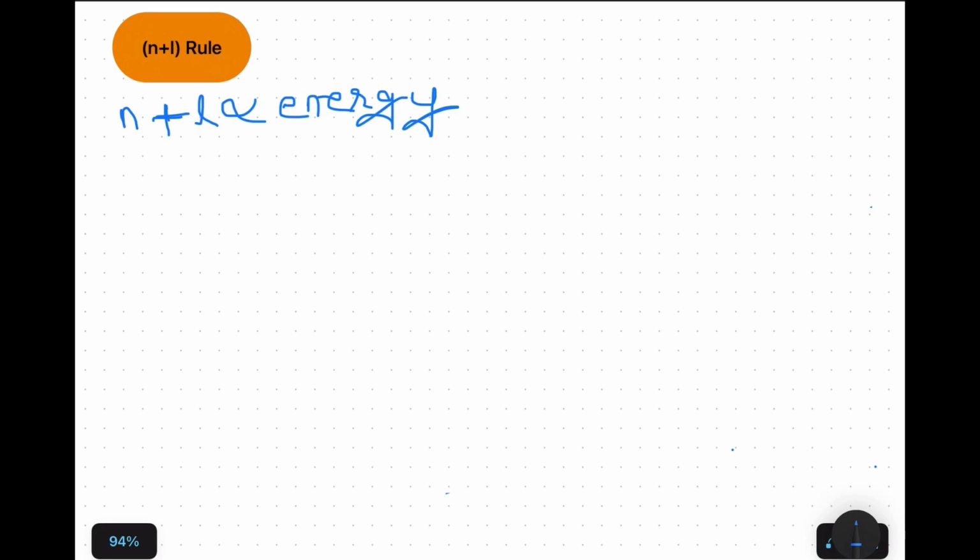So if we compare between 3s and 4p subcells, now the value of L for S we know is 0, for P it's 1, for D it's 2 and for F it's 3.